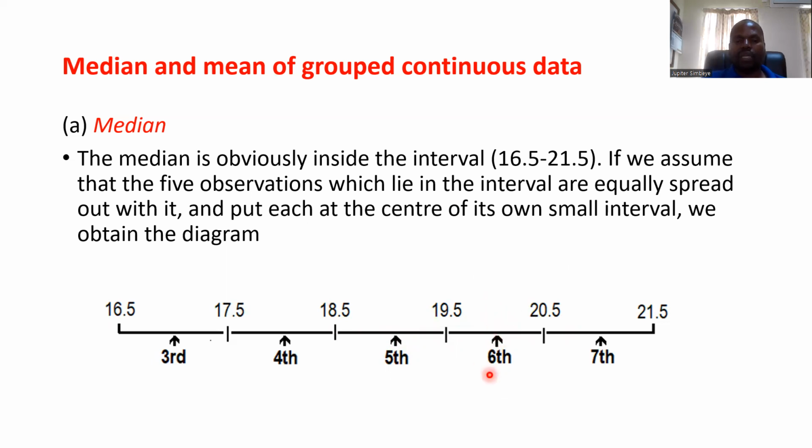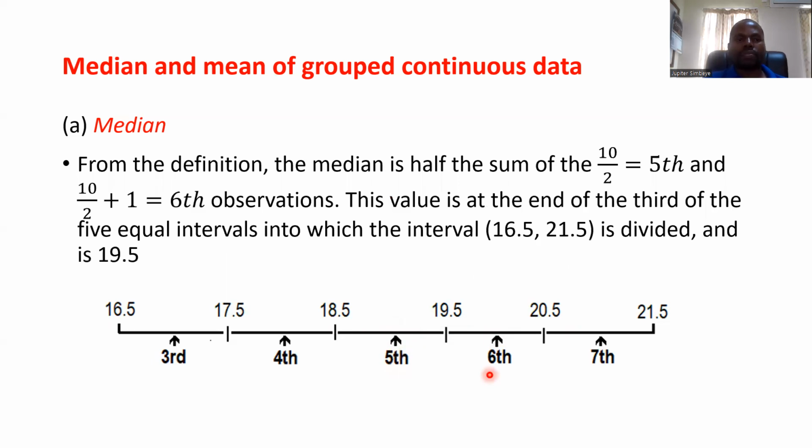We add them and divide by 2, and so we get our median. From the definition, the median is the sum of the fifth and sixth observations, out of the 10 observations.